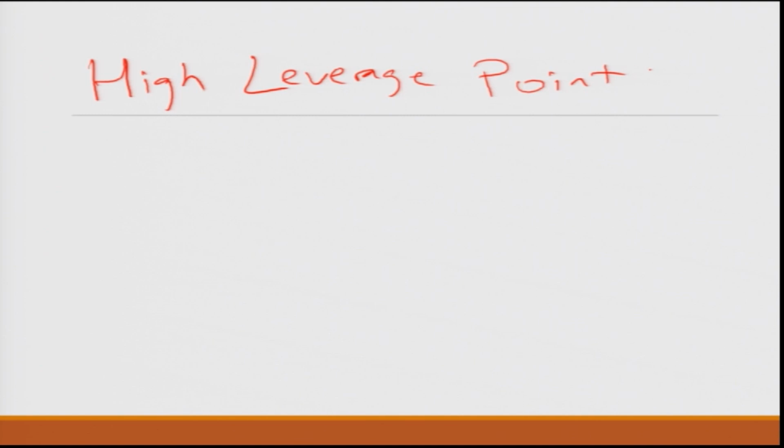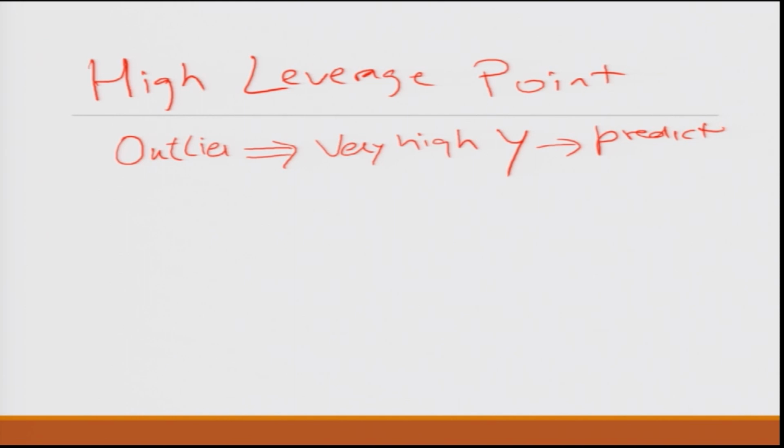Now, very closely related to outlier is another trap, another concern, which is high leverage point. So, outlier means very high y, the predicted or output value.